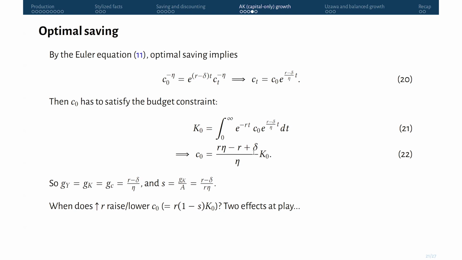So if you save the same amount at every point in time, but the interest rate's higher, then you're not changing your consumption now, but you're going to be consuming more and more in the future. And one thing you might want to do is take advantage of that by consuming a bit more now. So the interest rate goes up, you consume more now, you save less, and you take some of that extra wealth provided by the higher interest rate up front.